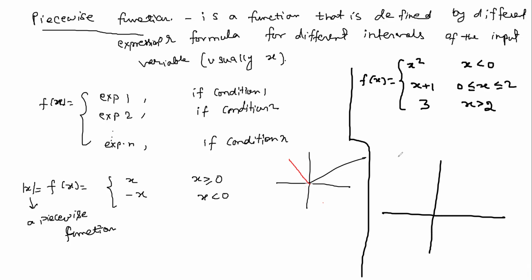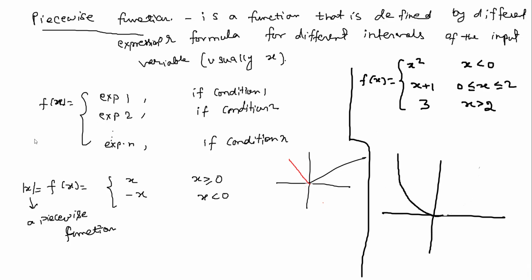You know the diagram for a parabola is this, but it is saying that x is less than 0, so remove the part from the right side. This part is removed.